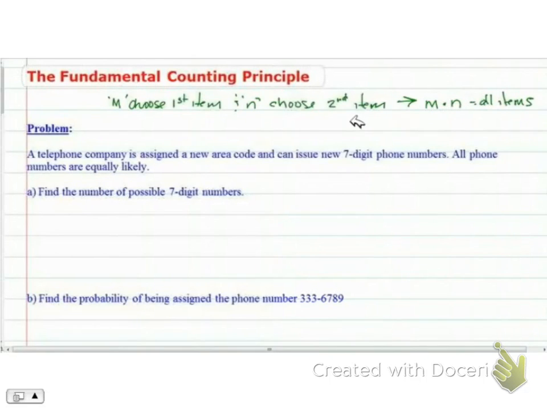And this is known as your fundamental counting principle.